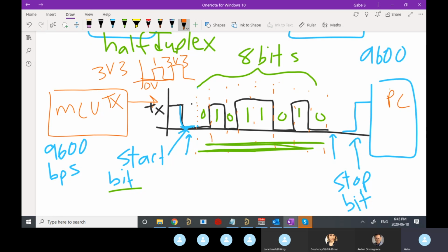Sometimes it's a safety thing to make sure that you're double checking to confirm that there's 2 stop bits as well on both sides. So if I'm sending 2 stop bits from the MCU side, I need to make sure I'm seeing 2 stop bits as well here. So basically, it could be another method of redundancy to make sure that everything's still working. But often it's one of those 2 cases. I usually just keep it at 1 since that's pretty standard.